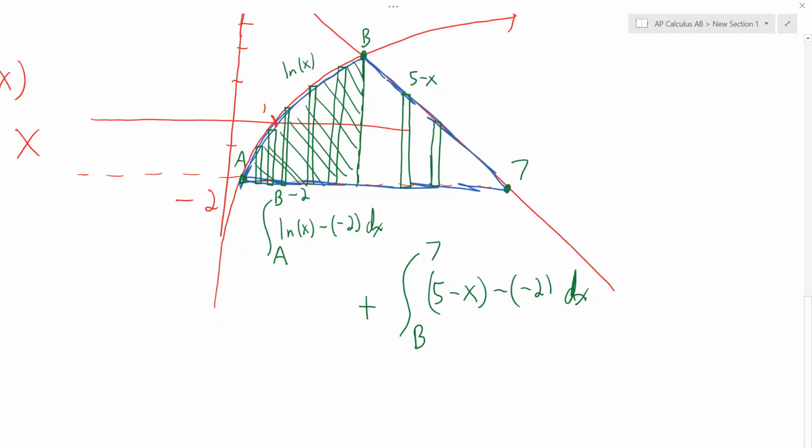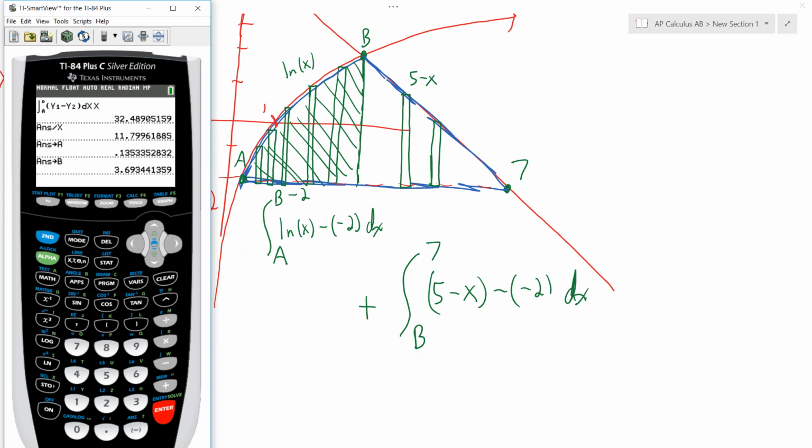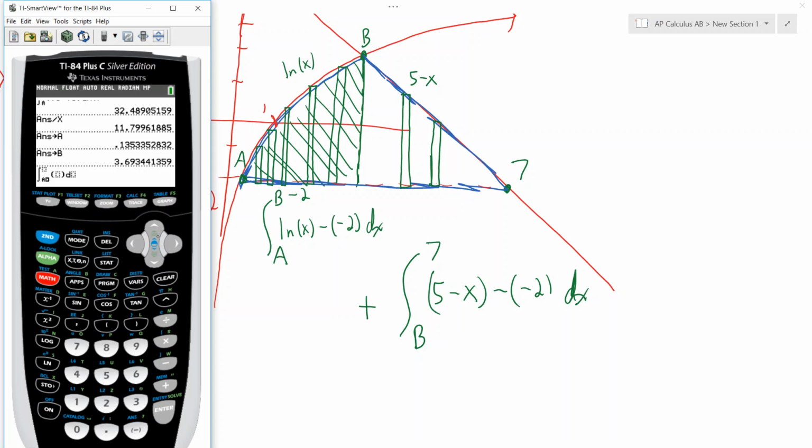And just to make sure we can all get the same answer and Mr. Smith can get one right for once, I'm going to go math 9. I'm going to integrate from alpha A to alpha B. And I'm going to do ln of x plus 2, which is minus negative 2 dx, plus math 9. I'm going to go from B to C, which is really 7.